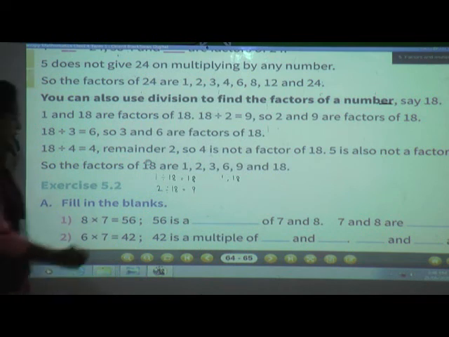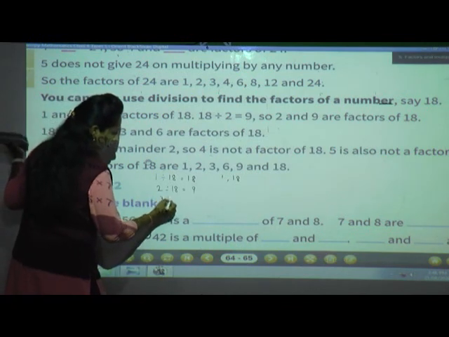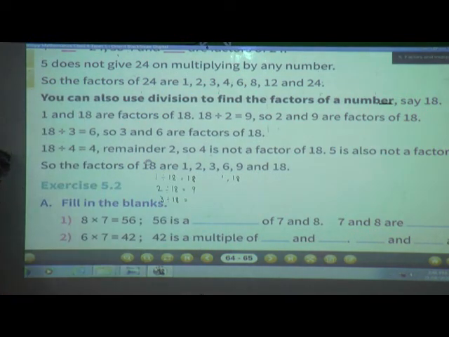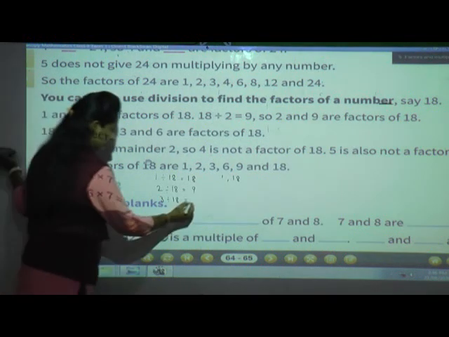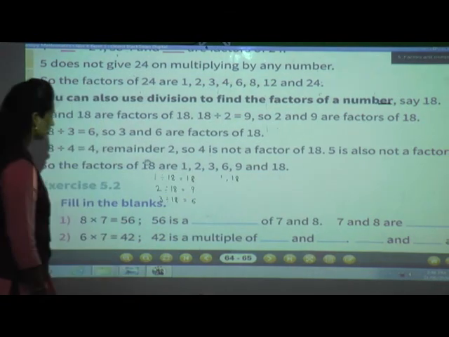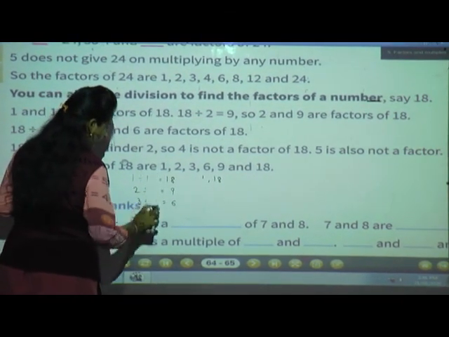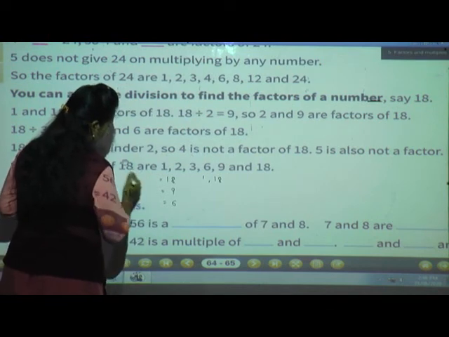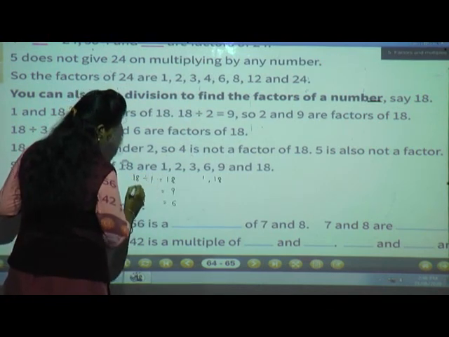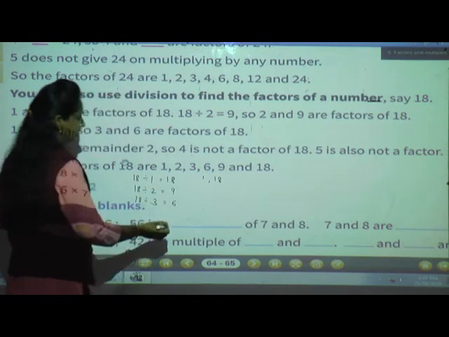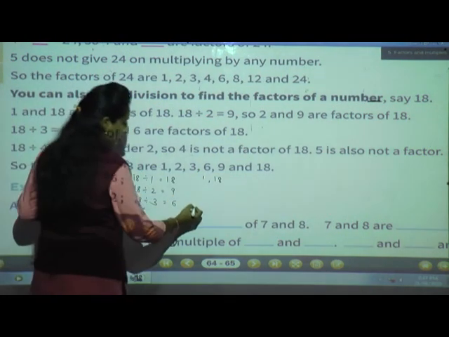Now what about 3? Yes. Divide 18 by 3. What is the quotient? 6, isn't it? Yes, correct. See, here in the division write in this way. 18 divided by 3 we get 6 and the remainder is 0.